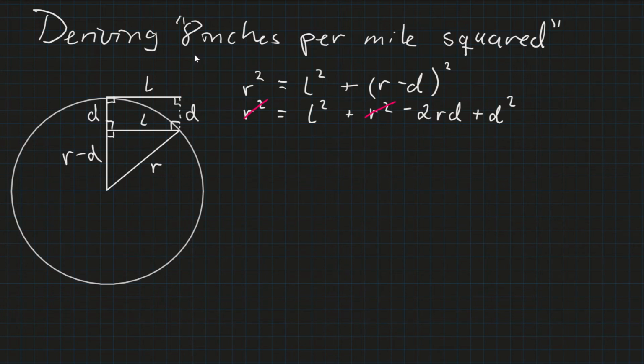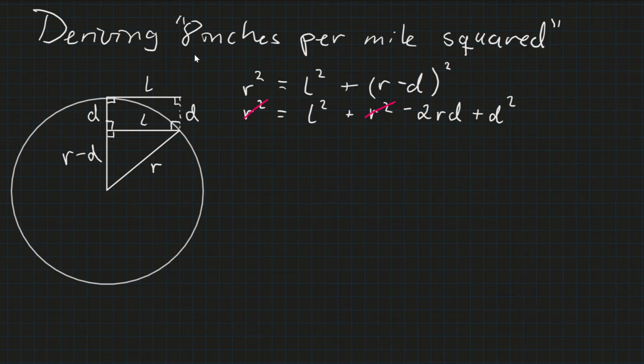I'm going to make the observation here that we have the variable d is both squared and non-squared. So to actually solve this exactly, we would have to use a quadratic equation. But in this case, we're going to use an approximation instead.